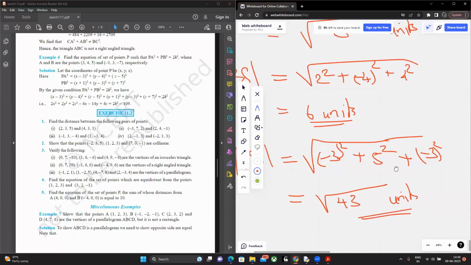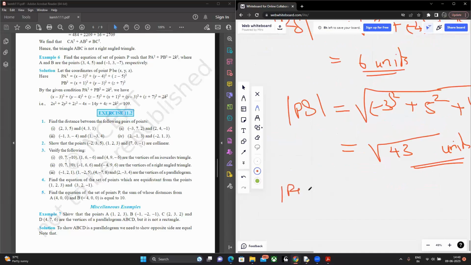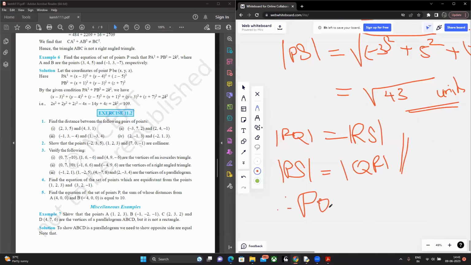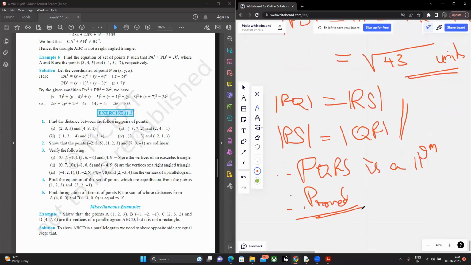Therefore, mod PQ is going to be equal to mod RS, and mod PS is equal to mod QR. Therefore, PQRS is a parallelogram.